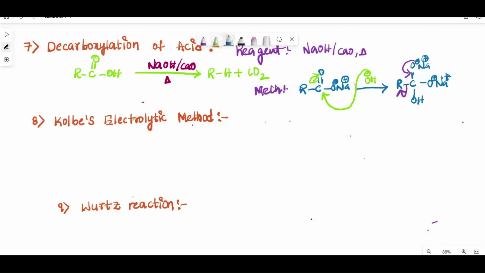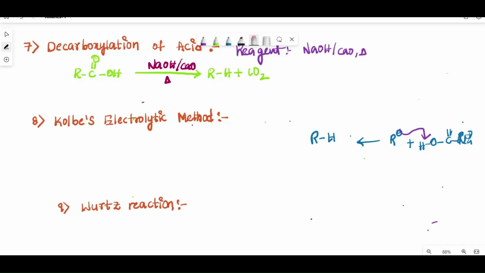Then we will get R minus plus OH C double bond O minus in your place. From here, this R minus abstracts this hydrogen, then we will get alkane RH. This is a simple mechanism.